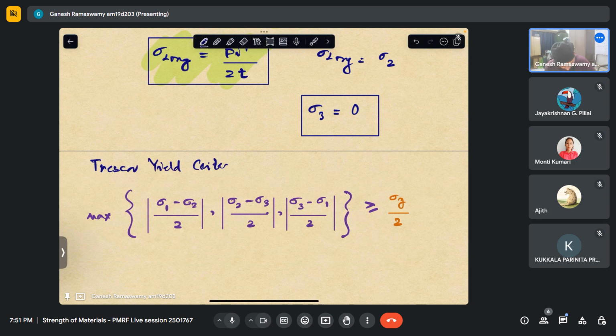At the onset of yielding, we are looking at the limiting condition where these two are equal.